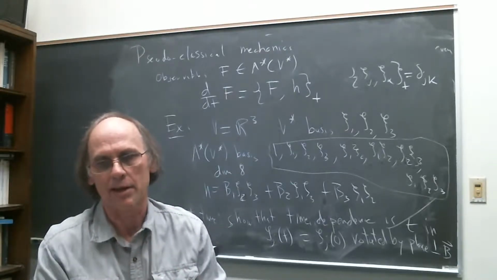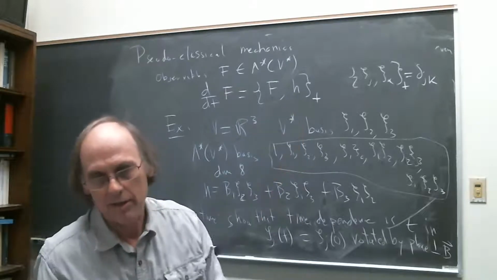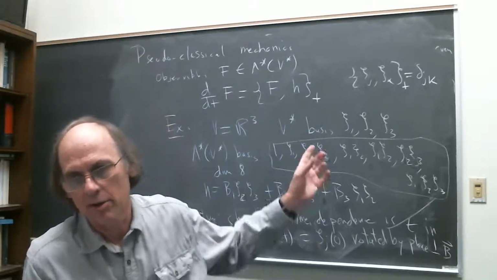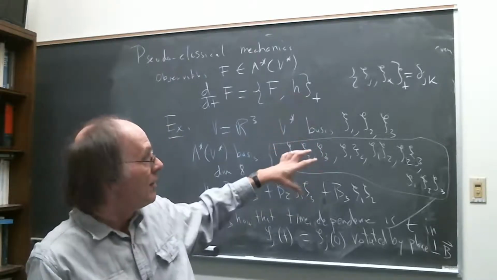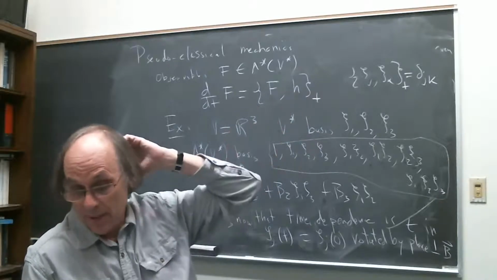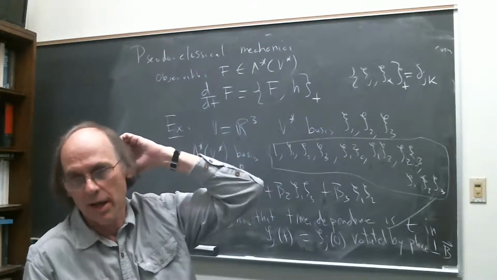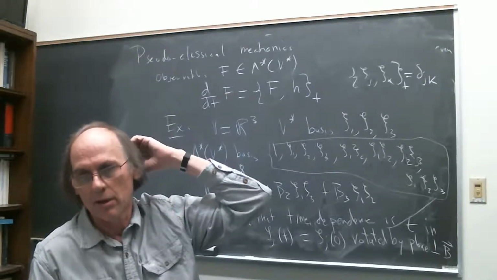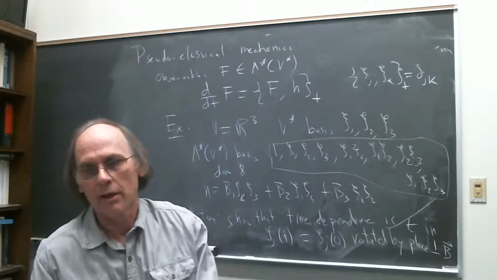Here, how do you construct the state space? Quantization takes these things to operators with some relations, but what's the space those operators act on? That's the question of spinors, which I wanted to get to later.